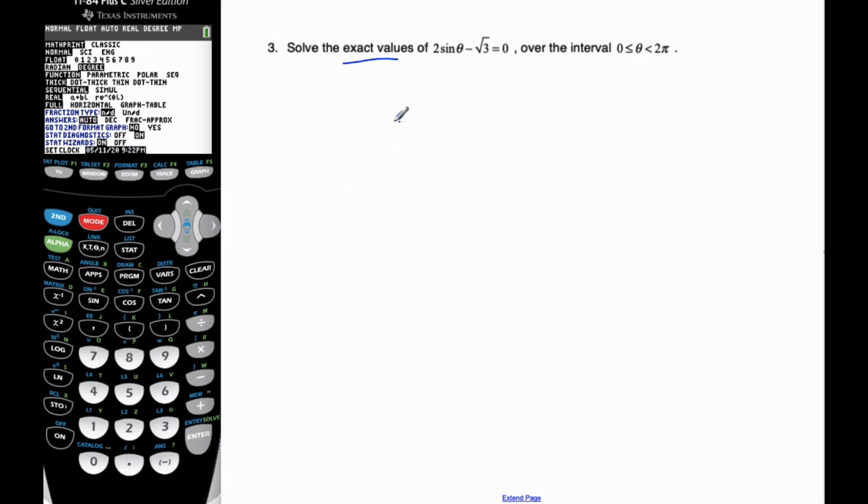If I go 2 sine of theta is equal to the square root of 3, I also know now that sine theta is equal to square root of 3 over 2. At this point, there's a couple different ways you can go.